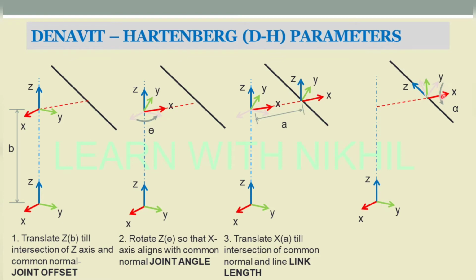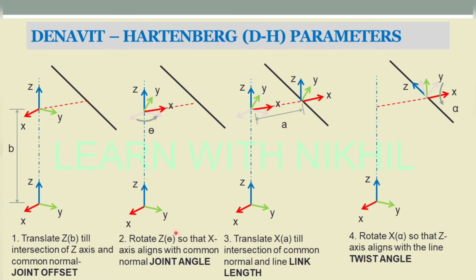So we have rotated with an angle of alpha along the x axis, and the z gets aligned on this line, and this rotation of an angle alpha is known as the twist angle. So rotating about x by alpha so that the z axis aligns with the line is called the twist angle.